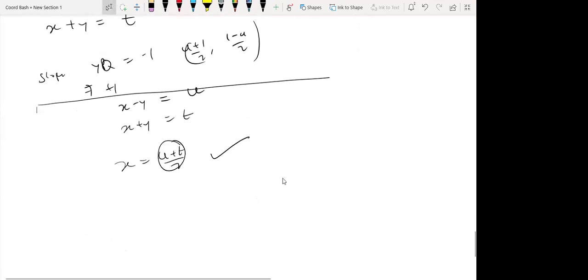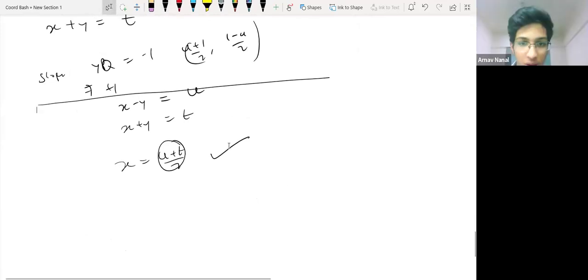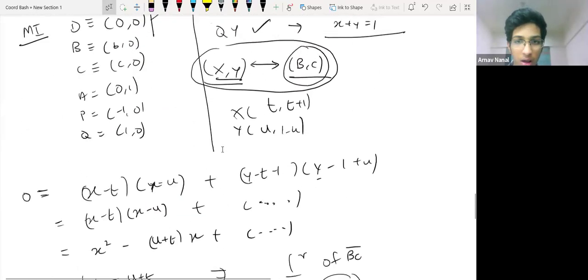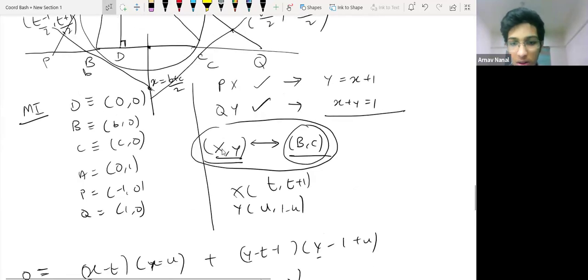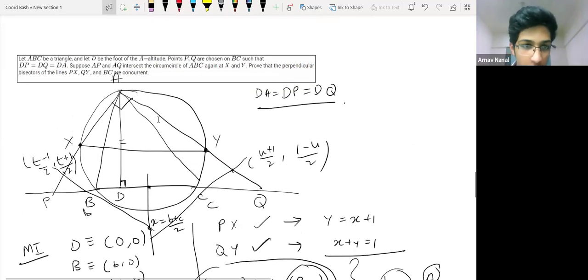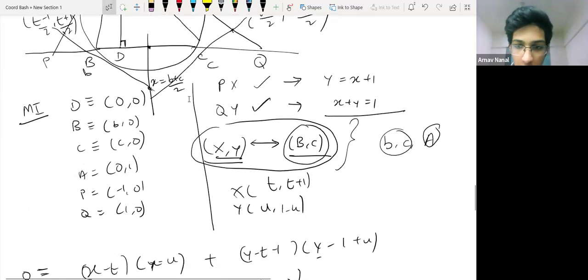Yeah, that makes sense. Okay, so the key takeaway from this was that we cut down our bash, this part, because otherwise you would have to calculate the circumcenter, the circumcircle of B, C and A. You can do that, but it's not very cool.